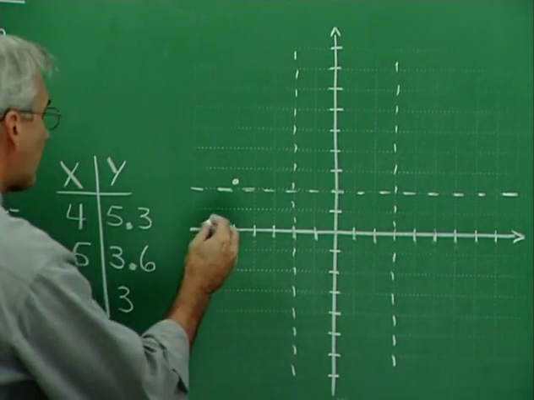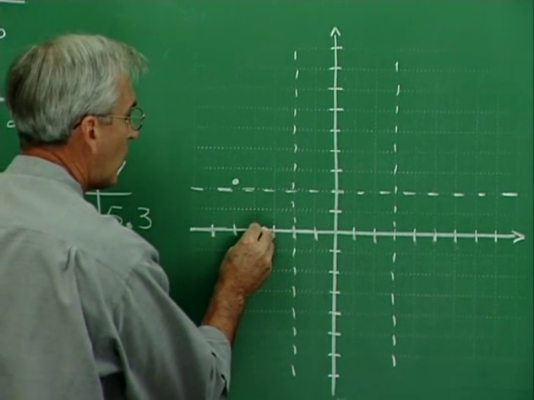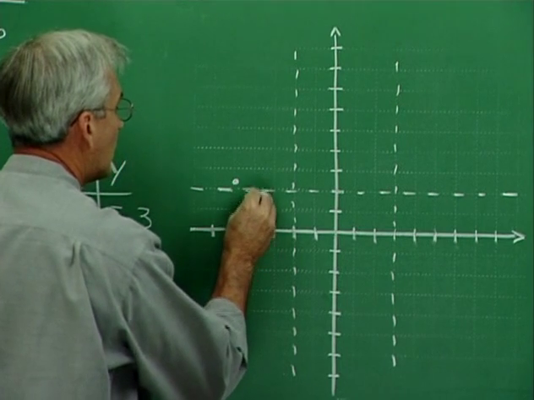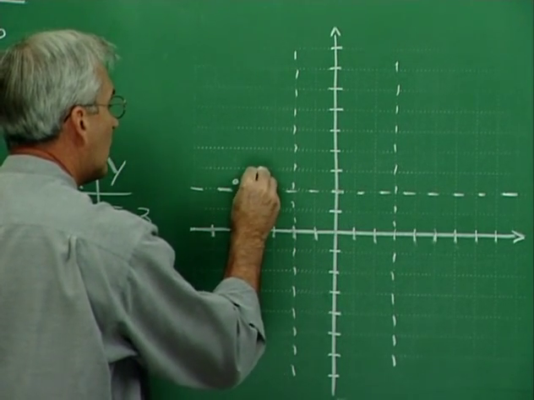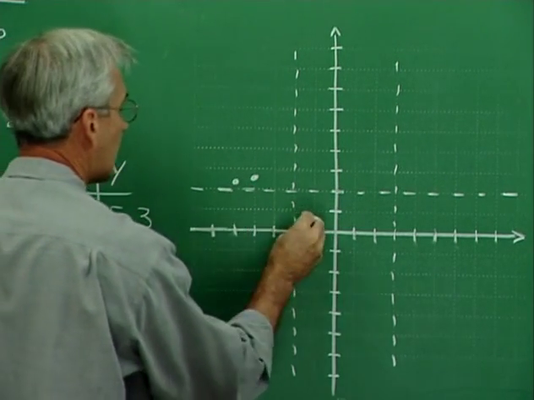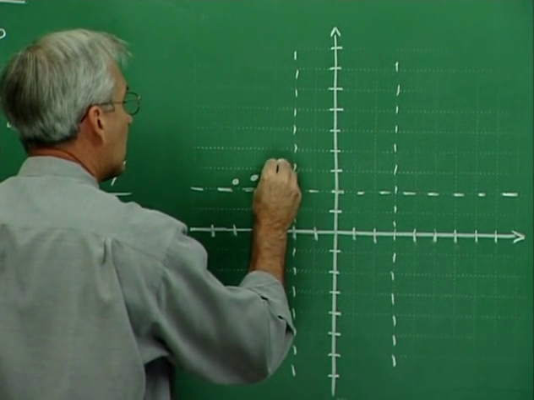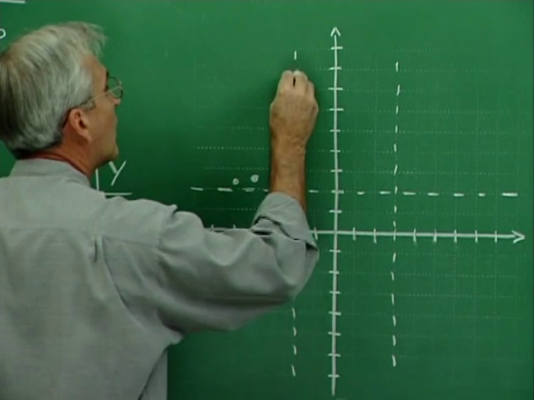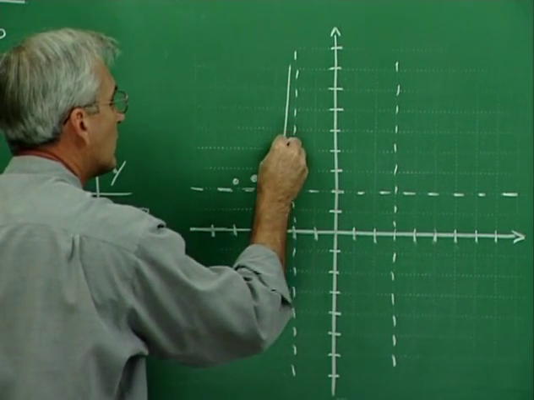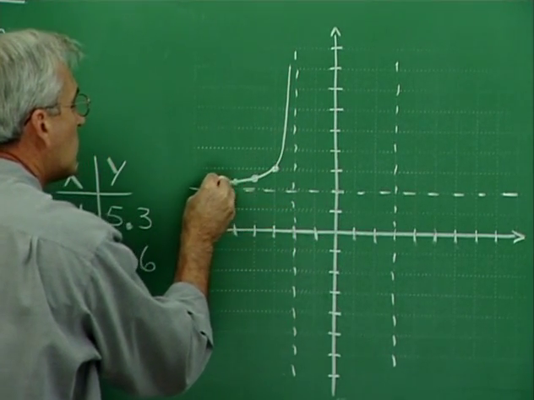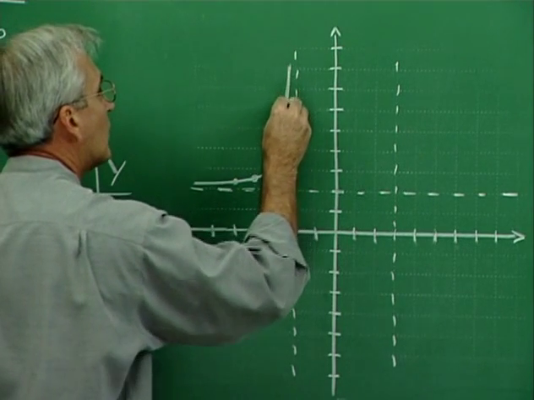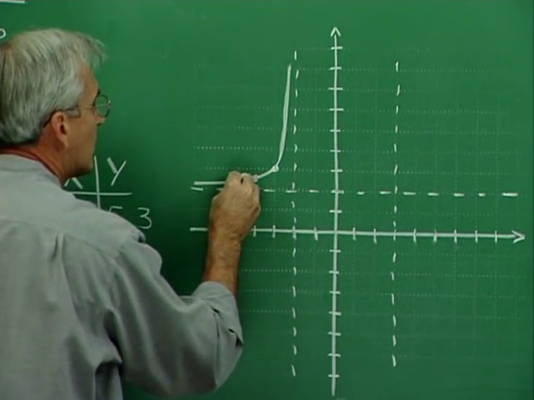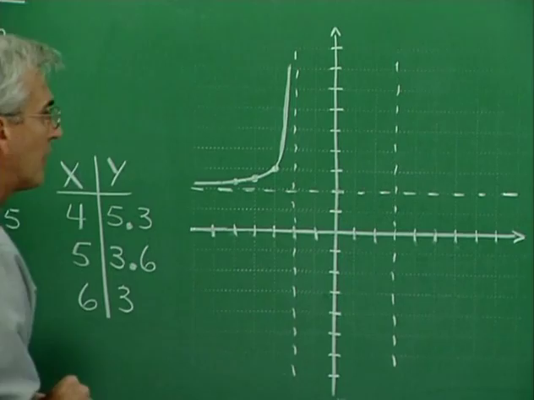The next point is -4, 2.3. Then -3 goes to 3, and the curve looks like this. To get a better idea of the curve, you could pop it onto the graphing calculator if you want to.